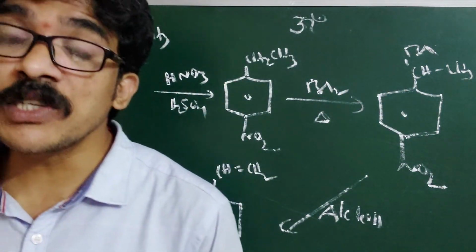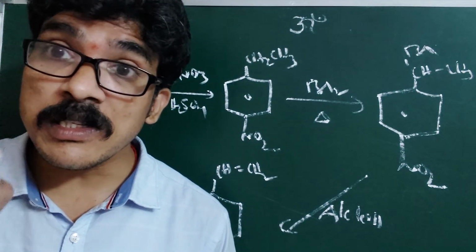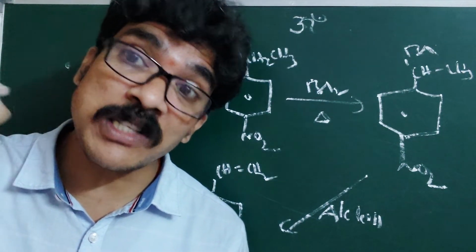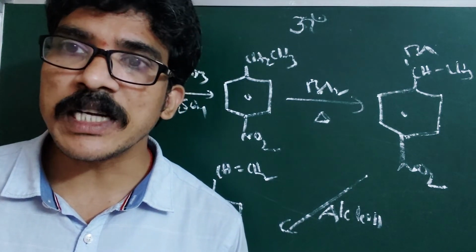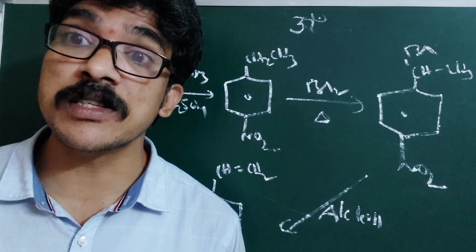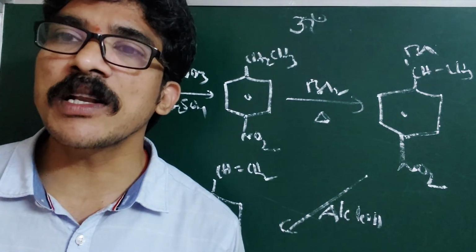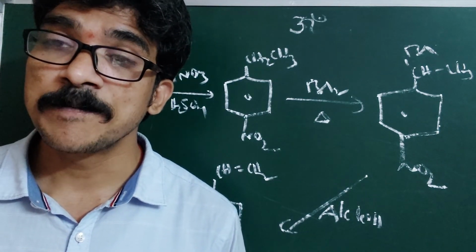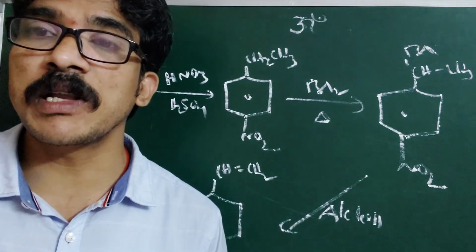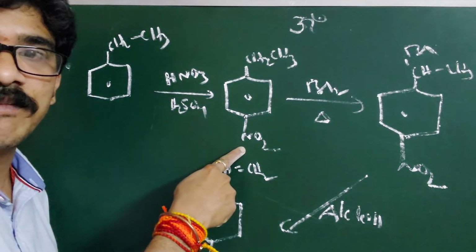In the nitration mixture, NO2 plus is the electrophile. Benzene reacting with the nitration mixture undergoes electrophilic substitution. Para and ortho are the two possibilities, but because ethyl is somewhat bulky, para is the major product. So the para nitro product will come.